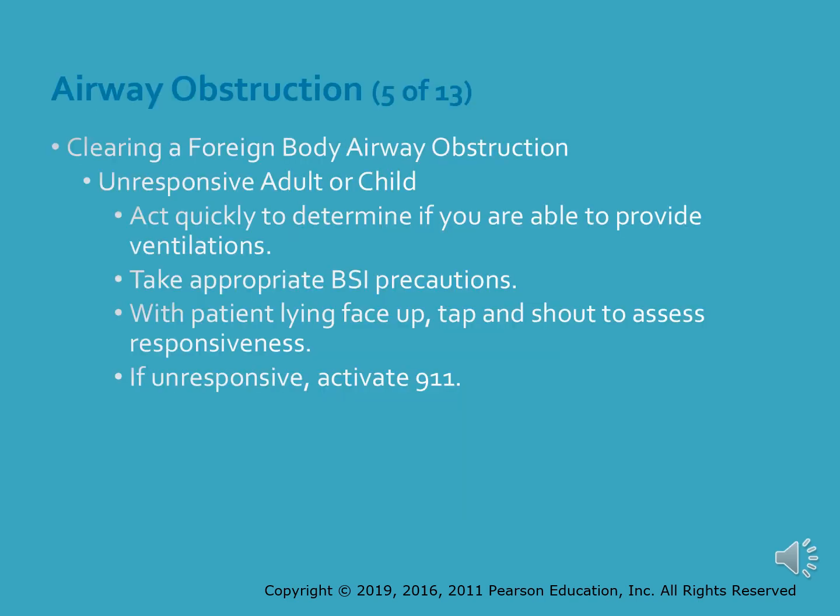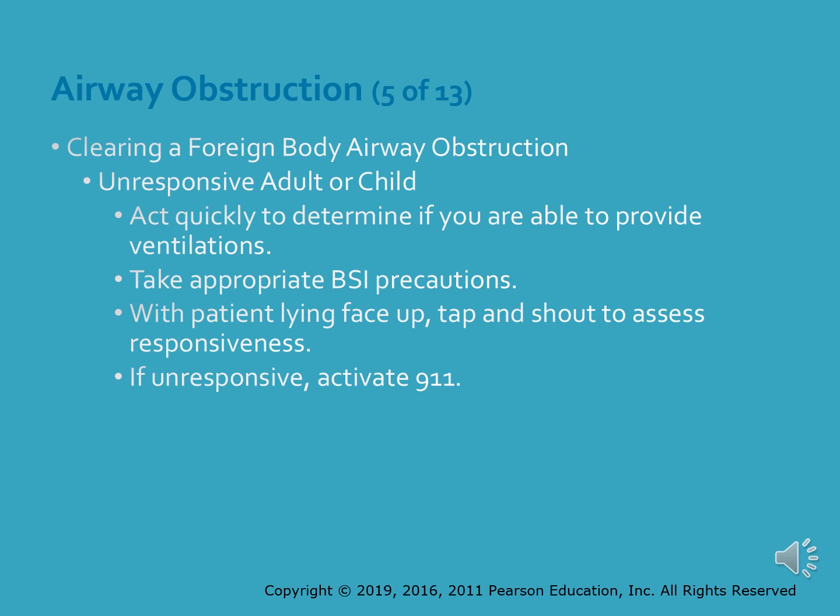So with the unresponsive adult or child with a foreign body airway obstruction, you want to make sure that you are applying these next steps to adults and children from the age of 1 year and up. So when you suspect a patient may be suffering from an airway obstruction, you want to move swiftly to clear that airway.